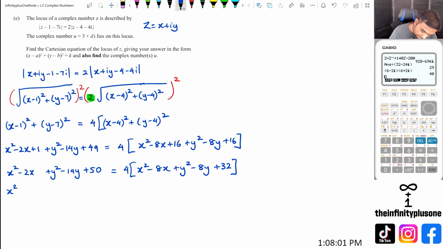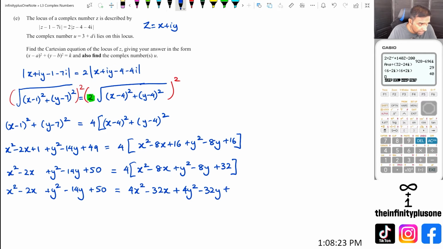So still nothing changes on the right hand side, just copying everything down. And here I'm going to expand the brackets. I'm going to get 4x squared minus 32x plus 4y squared minus 32y plus 128.